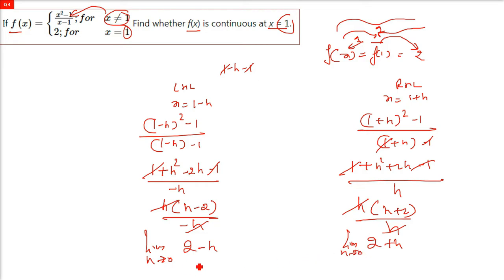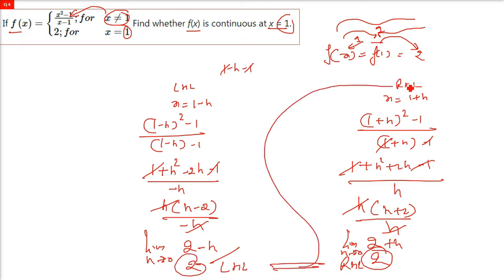So what it means is that the left hand limit is equal to the right hand limit, which is equal to 2. They are equal, and this is also equal to the value of the function at x equals 1, which is 2. Okay, so this function is continuous at x equals 1.